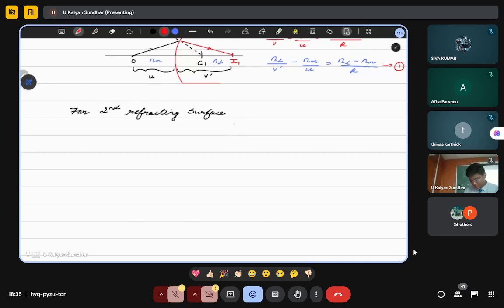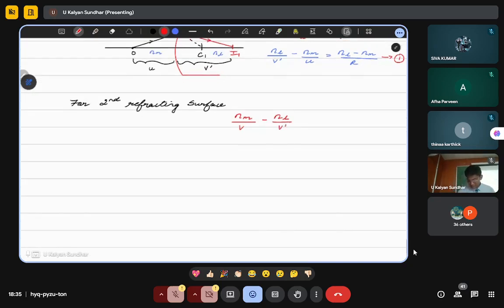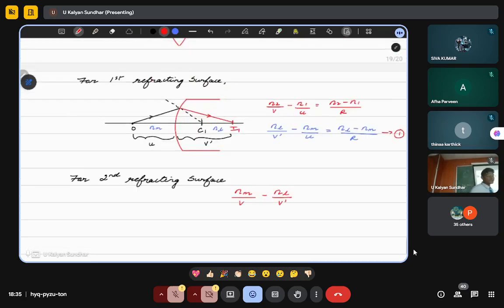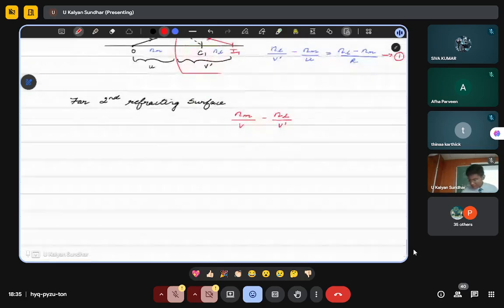Lens to medium, sorry. So it will be having the consideration of NM divided by the second image, இதுதான் வந்து உன்னோட final image distance. So I'll be writing it as V minus NL by U. Sorry, V dash. Right? ஏன்னா second surface க்கு இவன் தான் object act ஆகிறான். அப்ப இவனோட object distance தான் நான் எழுதணும். V dash will be equal to, tell me sir, NM minus NL divided by your radius R.